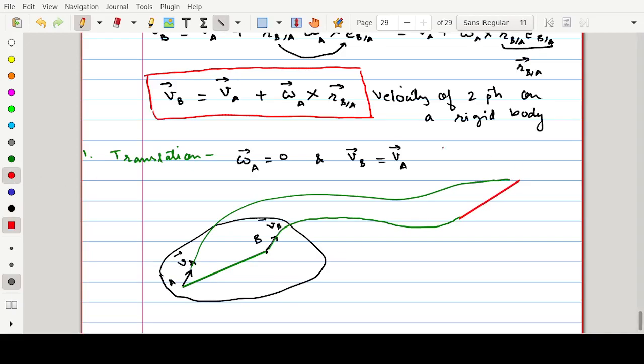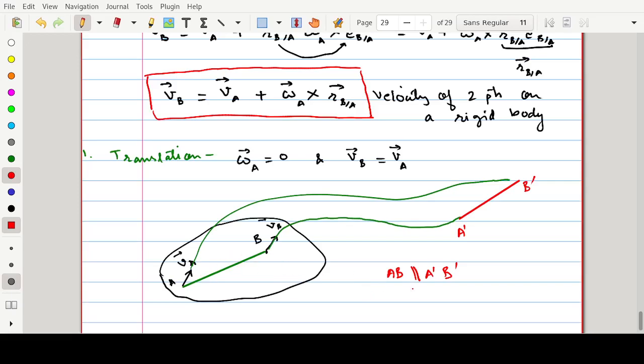So if this is AB and this is A prime B prime, these will be parallel, and these trajectories are parallel.